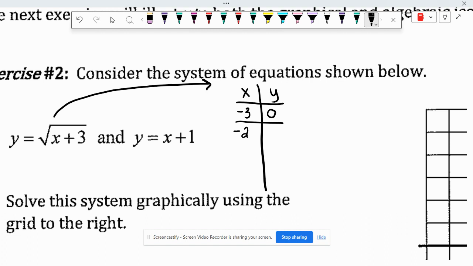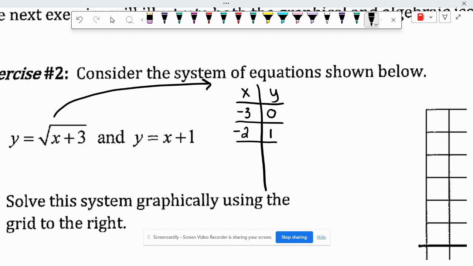So let's think of another number, because I only want perfect square answers. If I let x equal negative 2, what's negative 2 plus 3? 1. And the square root of 1 is 1. Okay. My next perfect square would be 4. What value of x can I input that would make this the square root of 4?